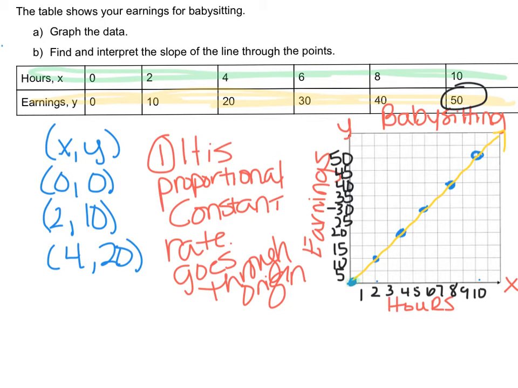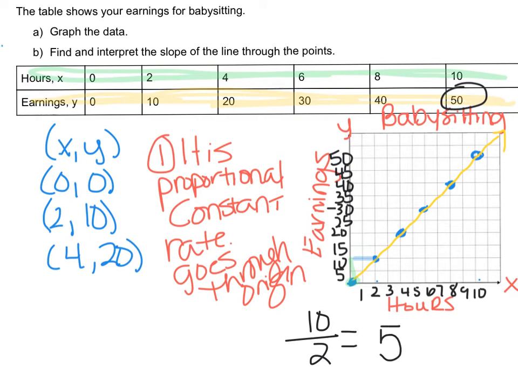So I'm going to go to 0, 0, and I'm going to go up from 0. I end up going up 10. I just rose 10, and then I run 2. So we have 10 over 2, which reduces to 5.